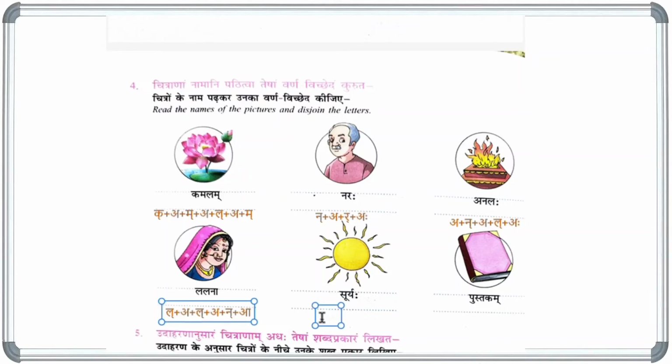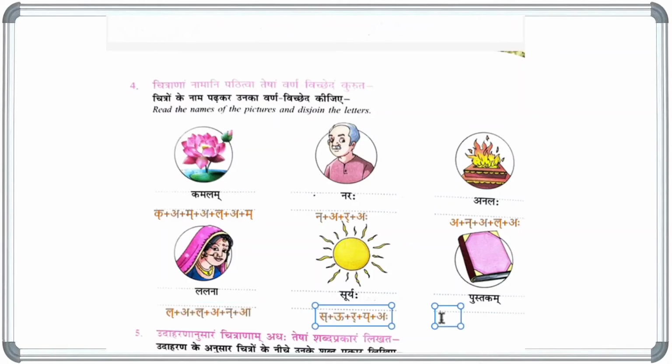And the next word is Suryaha. How we pronounce the word is very important to know the disjoining of the word. Suryaha. When we pronounce this word, sa comes first, next o, and the next letter we pronounce is ra halant. And next ya halant plus aha. Suryaha is the fifth word.